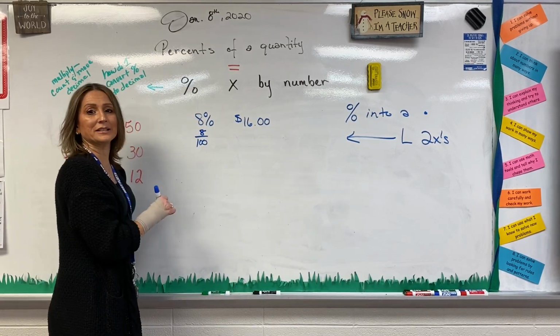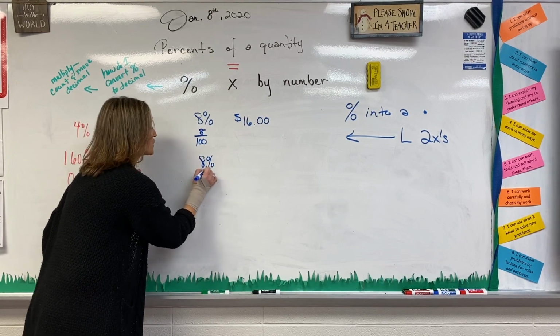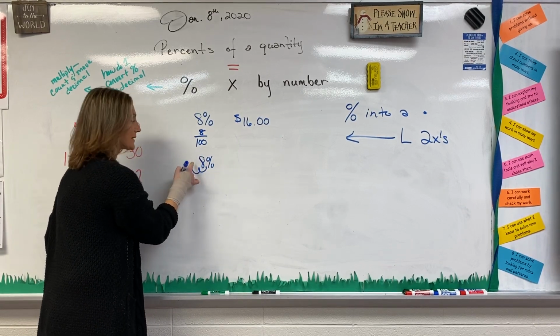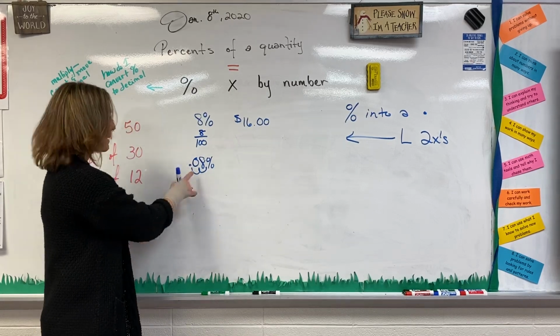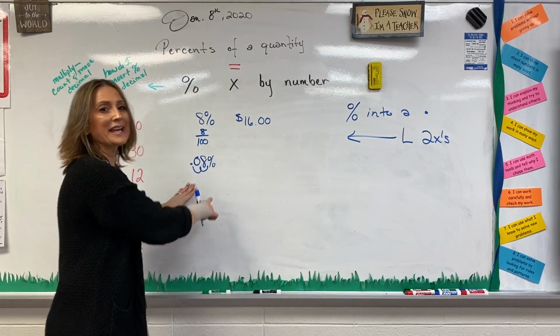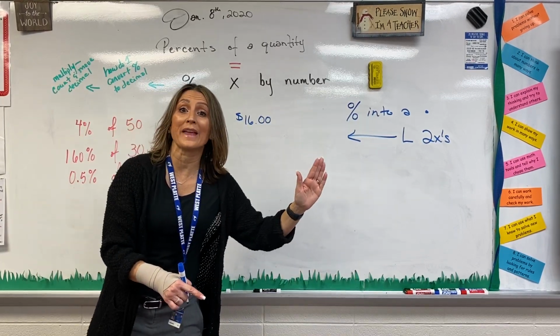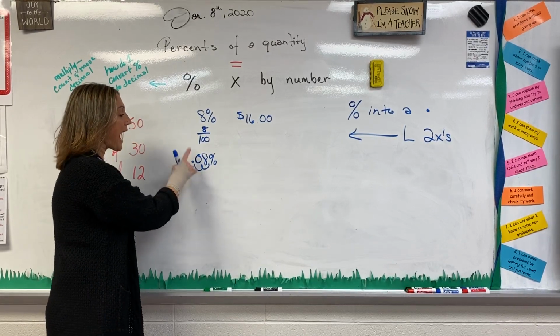If you don't see a decimal, you always know the decimal is at the end of the number. So I go once, I go twice. No number there, add a 0, place my decimal. My 8%, which is really 8 hundredths, is 8 hundredths. So now I have a decimal.